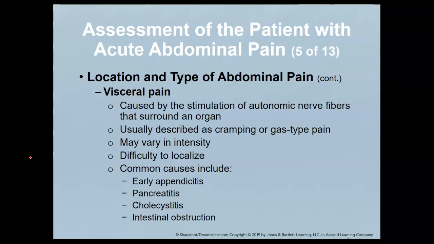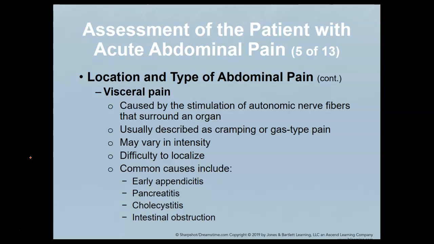Your patient will describe this as a cramping style pain, gas style pain. The intensity varies, and a lot of the time it varies due to where they are in the physiological response. It's very, very difficult to localize this, so it'll be diffuse. Some common causes are early appendicitis, pancreatitis, cholecystitis, and intestinal obstructions.